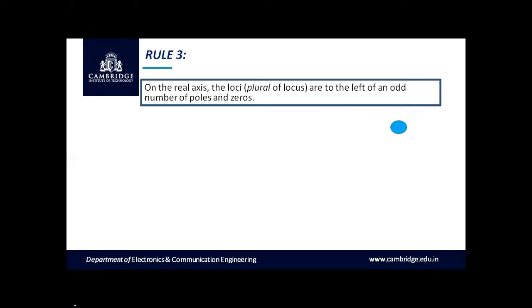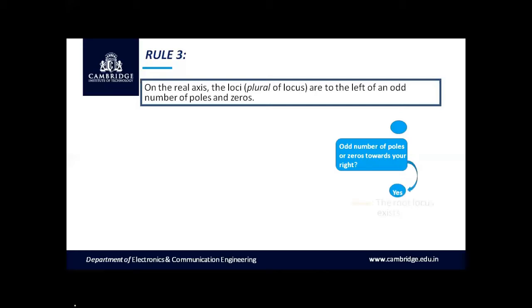Let us justify this statement. Let me take a few examples in which we have to check whether we have any odd number of poles or zeros towards the right of the point which you are trying to trace.